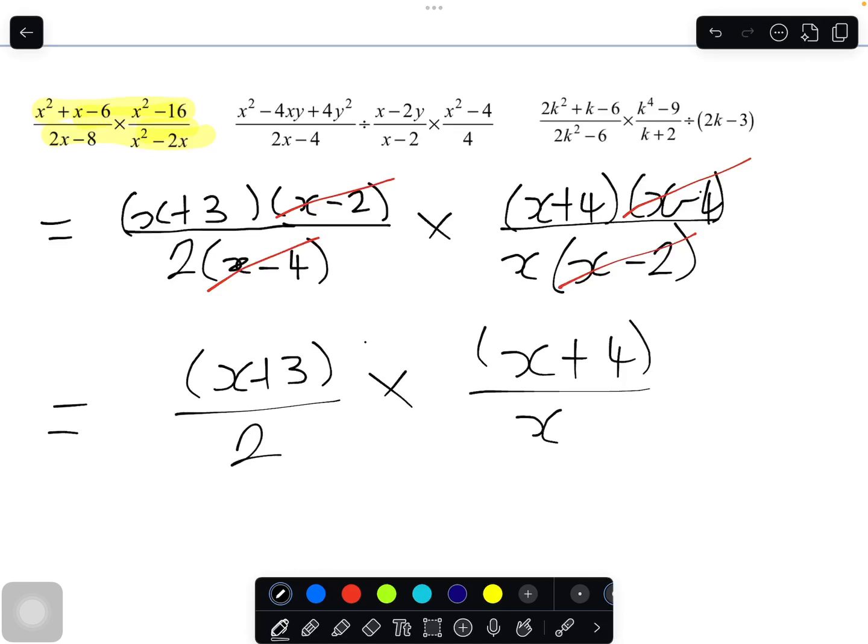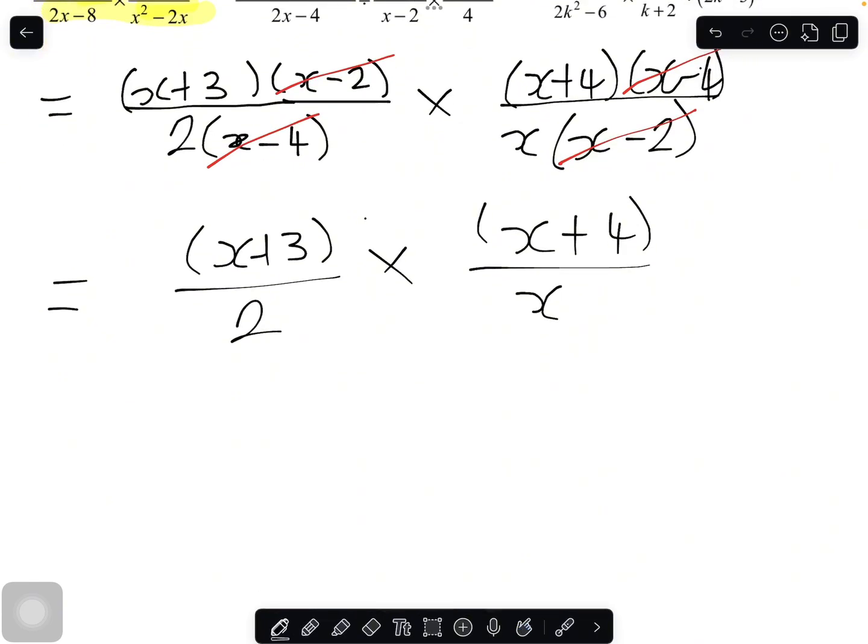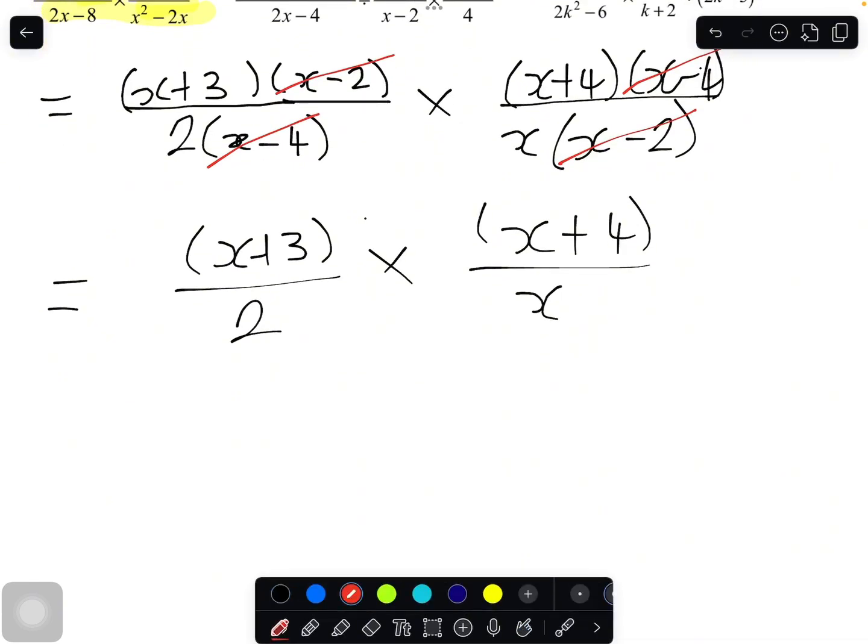So when you are multiplying, that is when you go horizontally. So when you are multiplying, I'm going to multiply this way and this way. So canceling off is diagonally and vertically, but multiplying is horizontal.